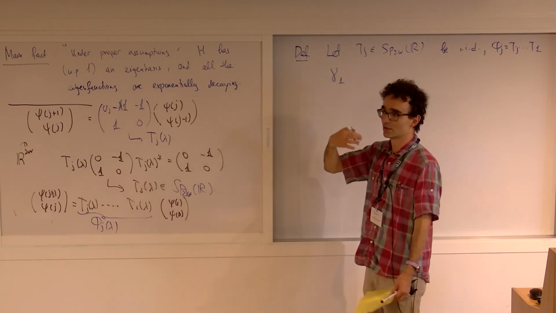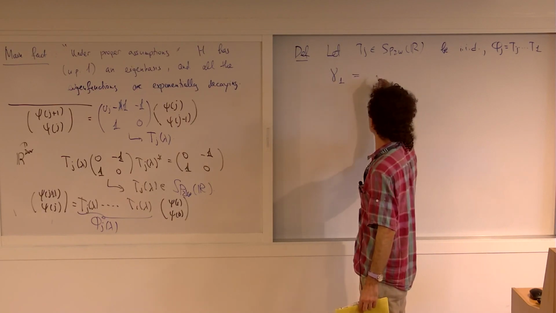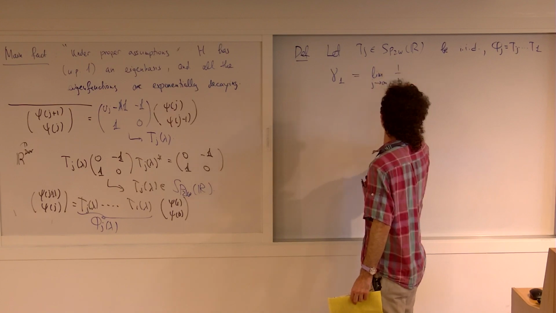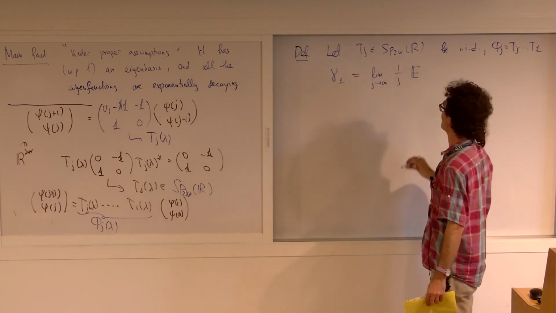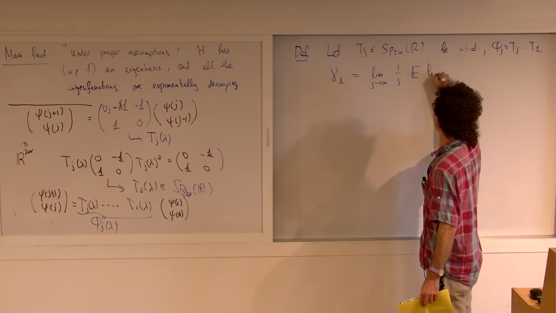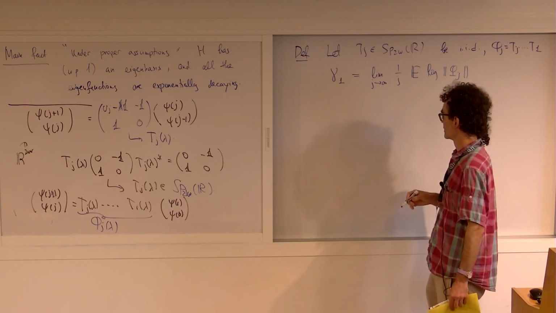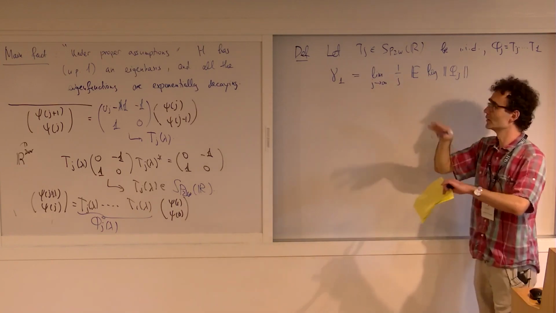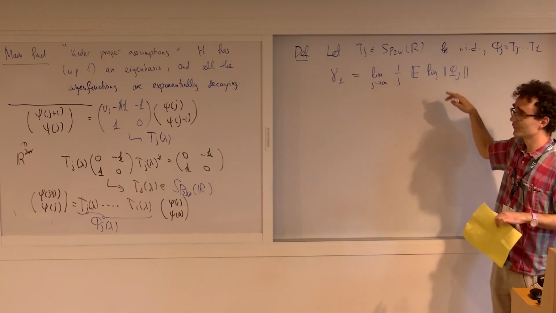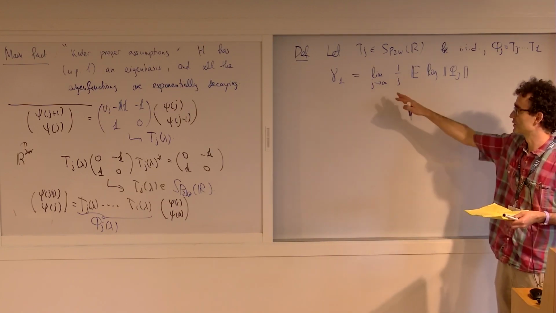And on exponential scale, the top Lyapunov exponent is defined as the limit as j goes to infinity of 1 over j times the expectation of the logarithm of the norm of phi j. So at least it measures how the norm of phi j grows on exponential scale, but then it's natural to consider the next singular values too.